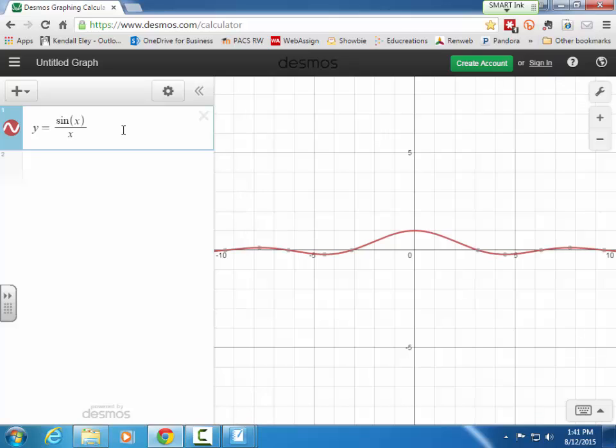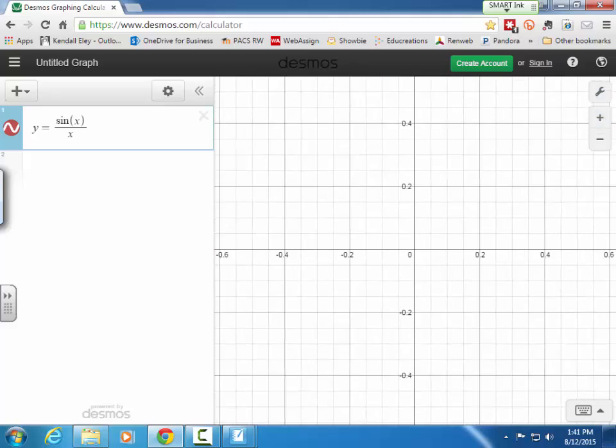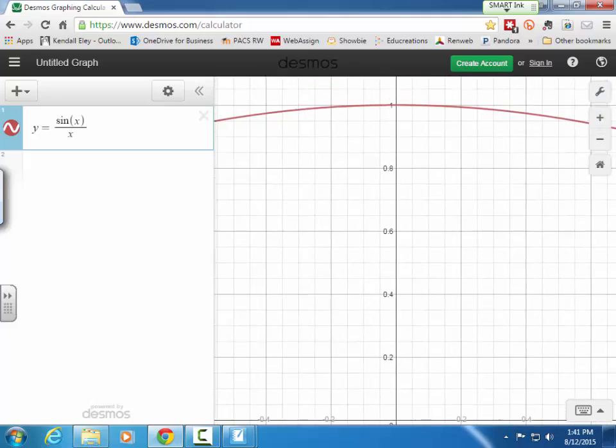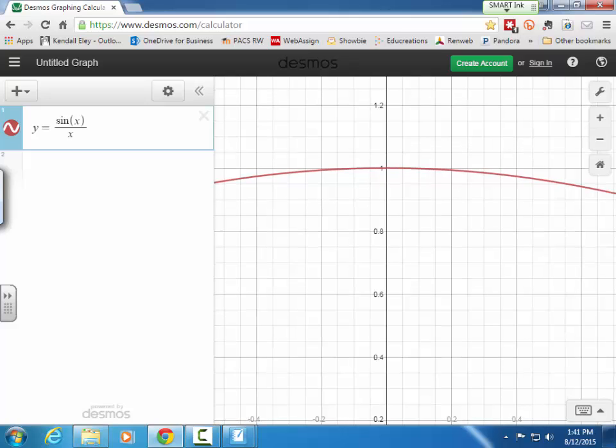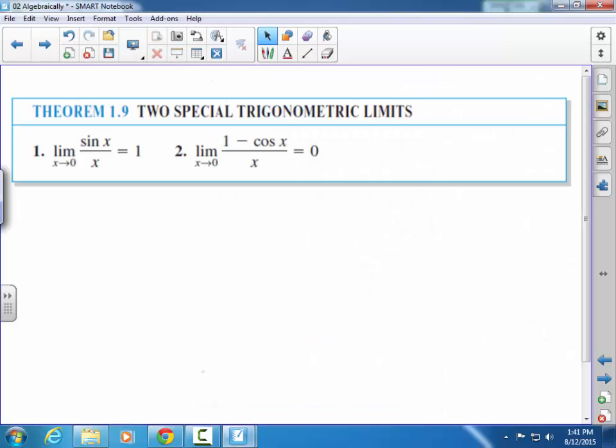There's our graph, and it looks like it is approaching the number 1 if we look at the graph, okay? So we're just going to accept on faith that any time we see something like this, sine of x over x, that limit is equal to the number 1 if we're talking about the limit as x approaches 0.